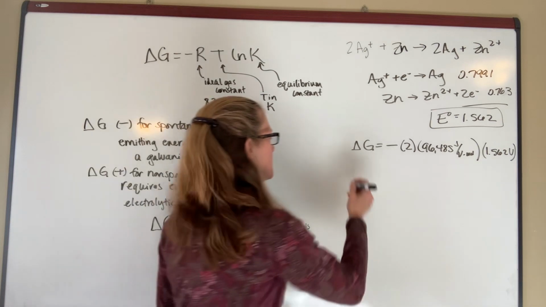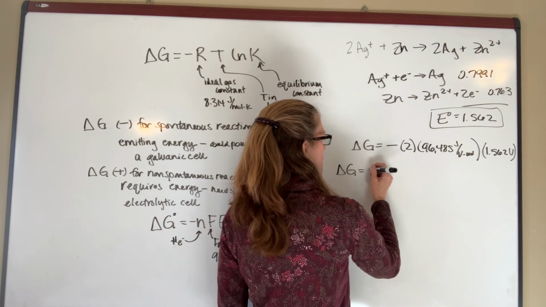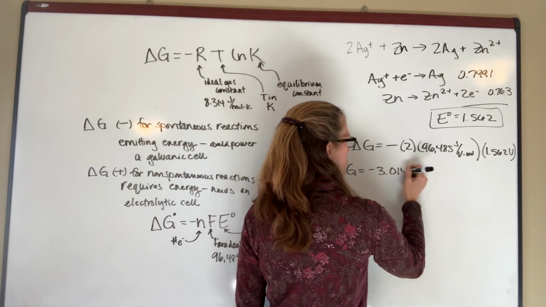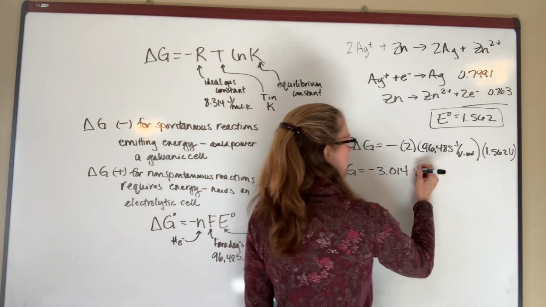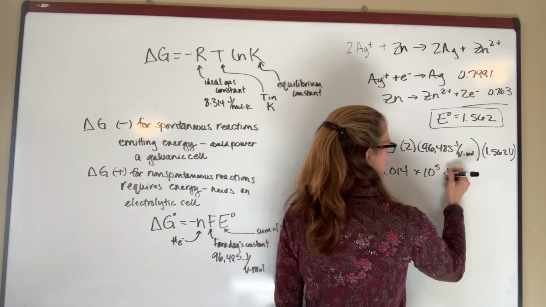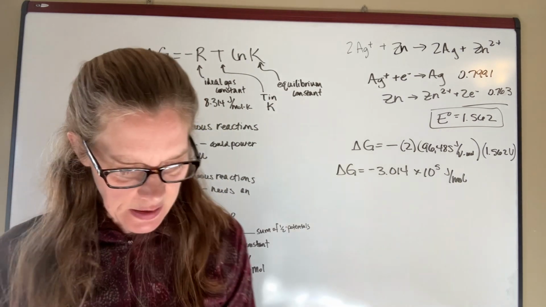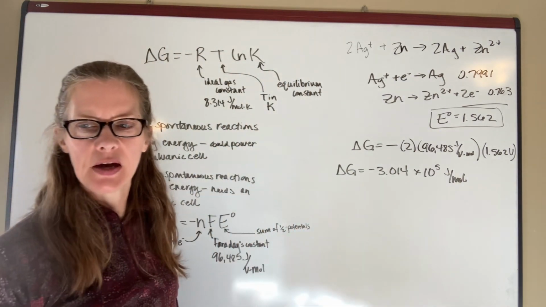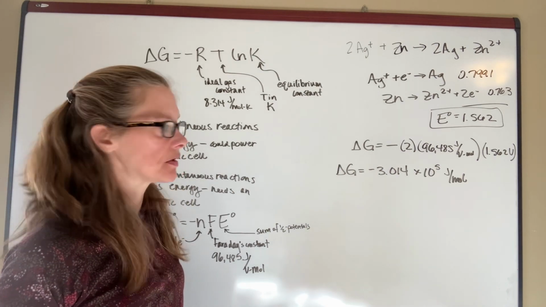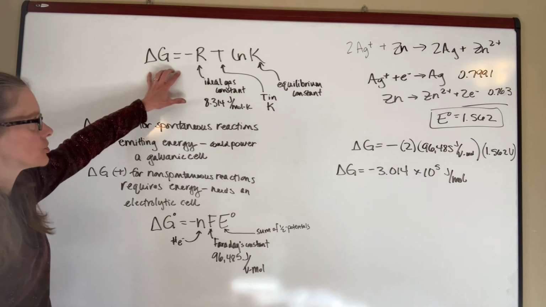When you plug that in there, you're going to end up with delta G equal to negative 3.014 times 10 to the 5th. So, very negative. Then if they ask you to find the equilibrium constant on top of that, you're going to have to use this equation.